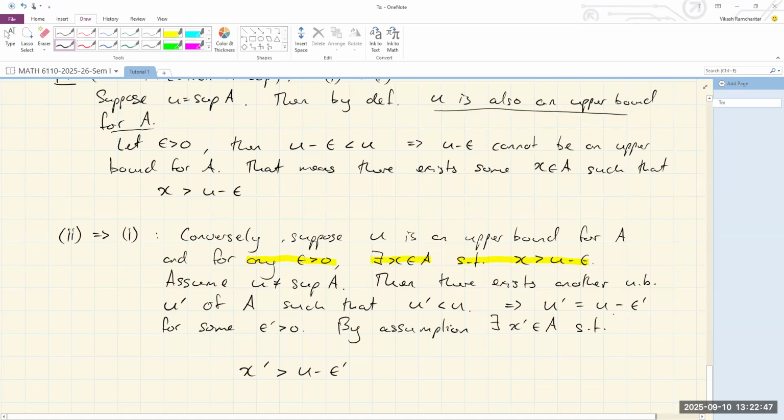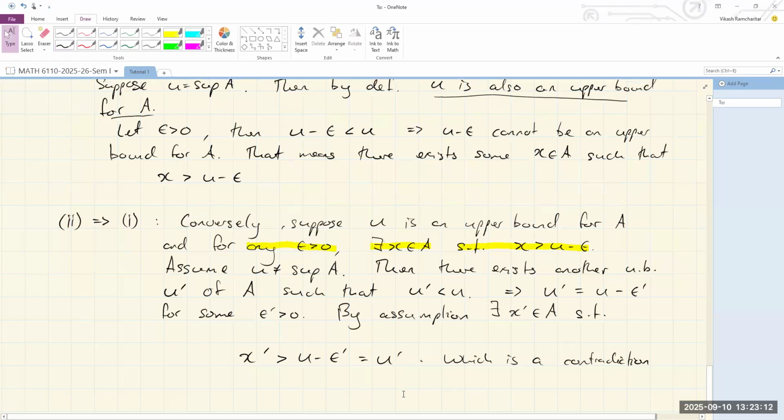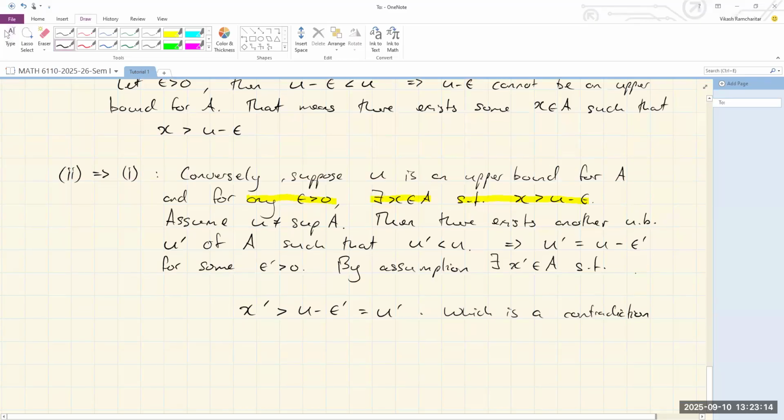But what is u minus epsilon prime? This is equal to u prime. Okay, so I got x prime is bigger than u prime, but u prime was an upper bound. So this is a contradiction. Okay, this is a contradiction because u prime is an upper bound and I'm getting an element that is bigger than an upper bound.